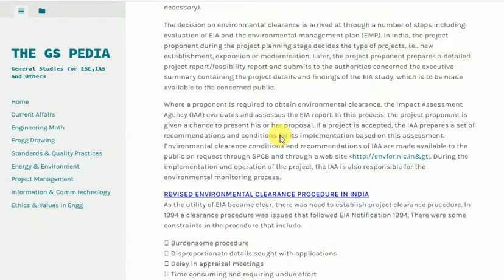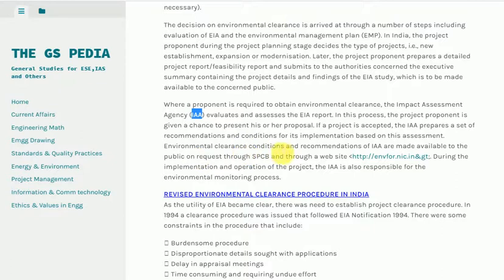Where a proponent is required to obtain environmental clearance, the Impact Assessment Agency evaluates and assesses the report. In this process, the project proponent is given a chance to present his or her proposal. If the project is accepted, the ESE prepares a set of recommendations and conditions for its implementation based on this assessment.